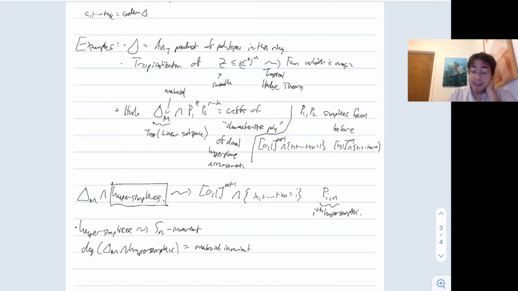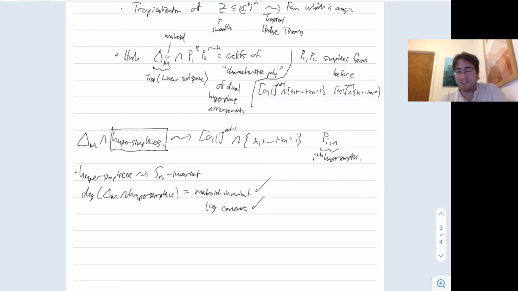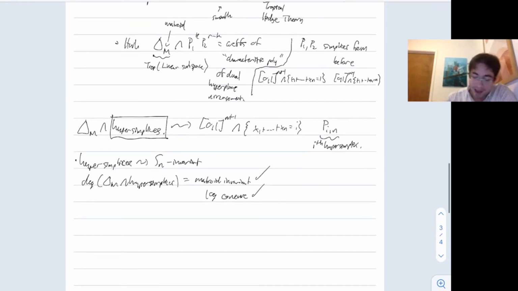So we automatically get matroid invariance, and we get log concavity. So we were excited, and we're like, all right, let's jump on this train and find some matroid invariants that are log concave. And it turned out that we found some important matroid invariants that were log concave, which is nice. Okay, so what is the combinatorics of these hypersimplices?